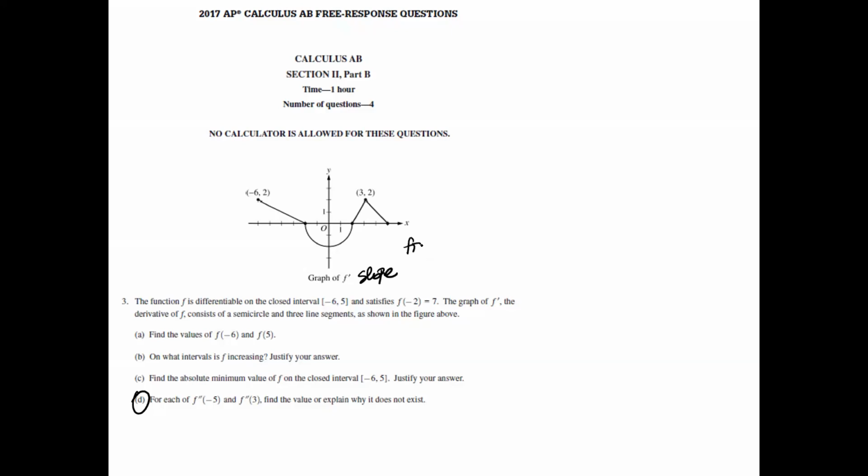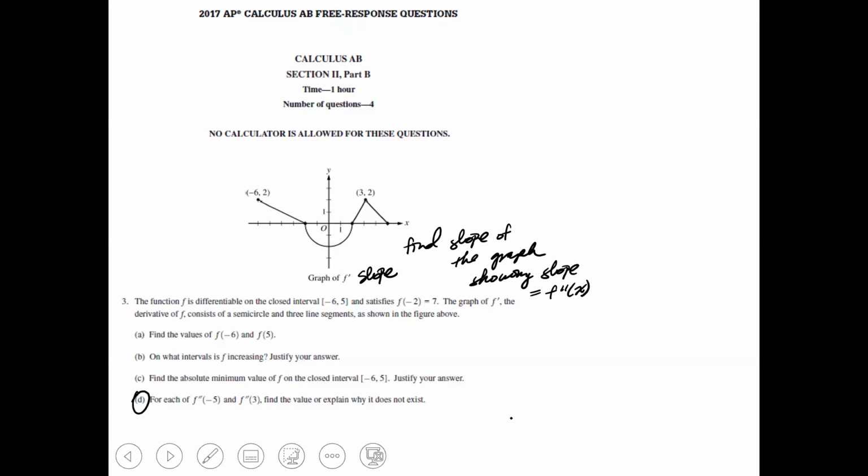If I find the slope of the graph showing the slope, that gives me my second derivative. So let's find the slope of this graph showing the slope, which is the second derivative, which indicates concavity.